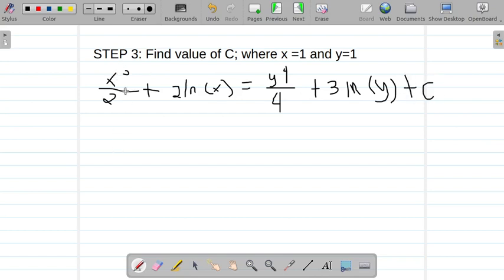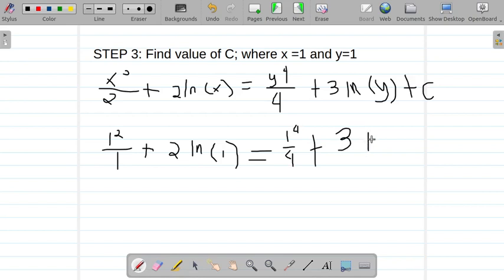So substitute, mo siyang 1 squared over 2 plus 2 ln of 1 is equals to 1 to the power of 4 over 4 plus 3 ln of 1 plus c.